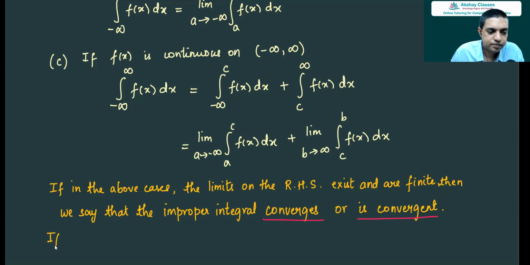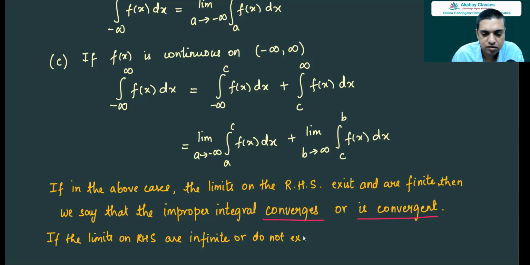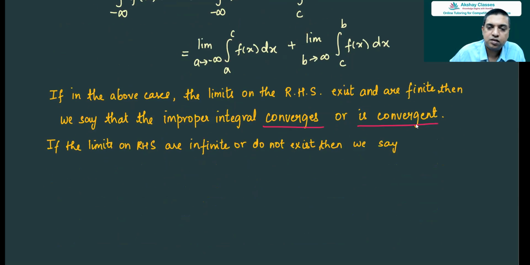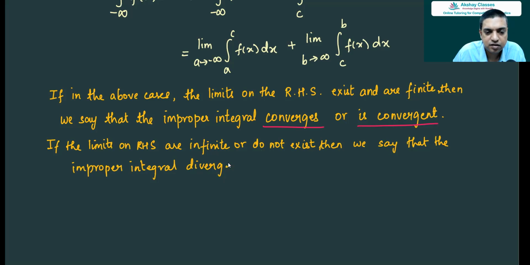Now, if the limits on the right hand side are infinite or do not exist, then we say that the improper integral diverges or is divergent.